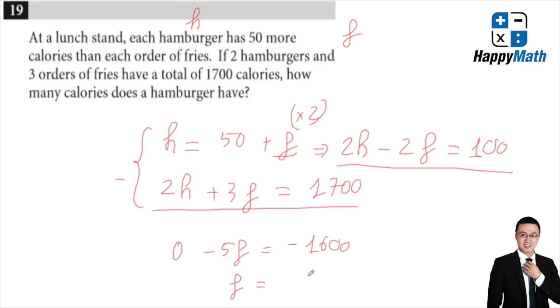So f will be equal to 60 divided by 5. You got 3, and you remain 1, 10, 2. So f will be here, and then you find h, because the question asks you about the hamburger. So 50 plus 320, and you got 370. Yes, here's my final answer.